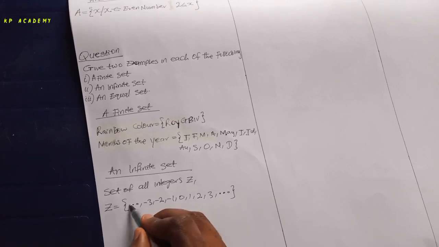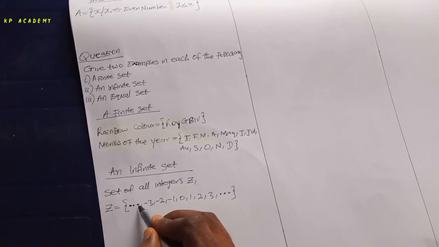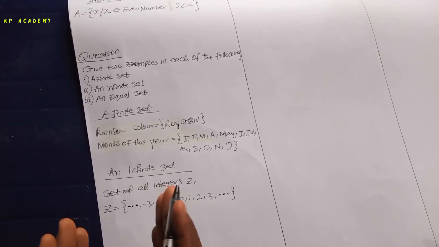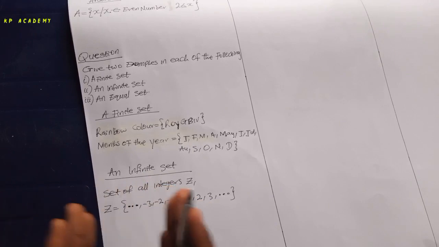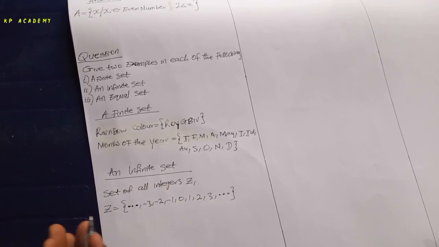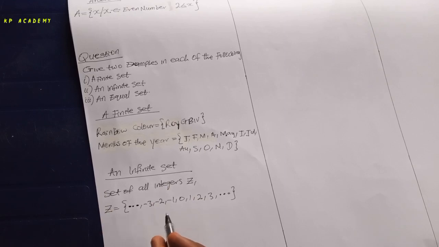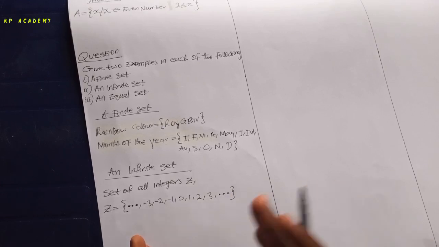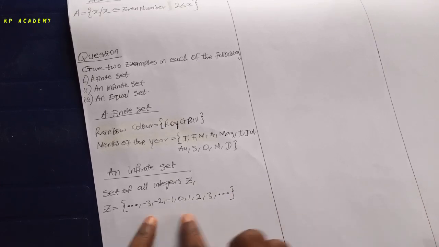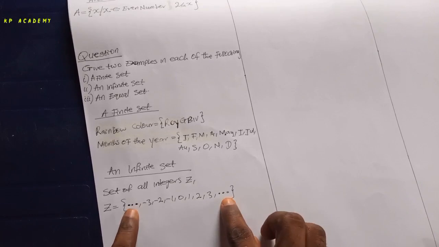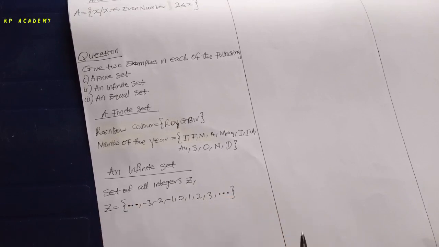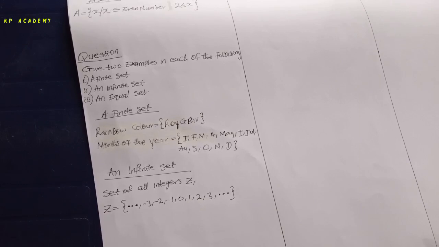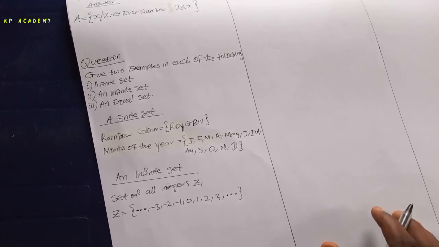That is what we mean by these 3 dots: they account for all the negative numbers from negative infinity, down to -3, -2, -1, 0, then from 0 it moves on to 1, 2, 3, then down to positive infinity. So this set of numbers does not really end. So it is infinite in number. The set of all integers is a good example of an infinite set.